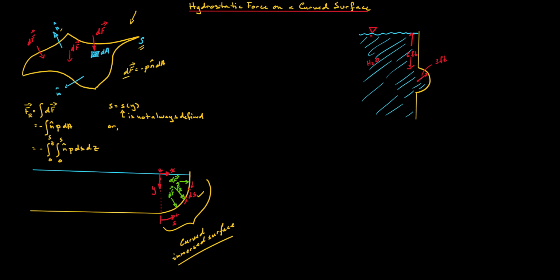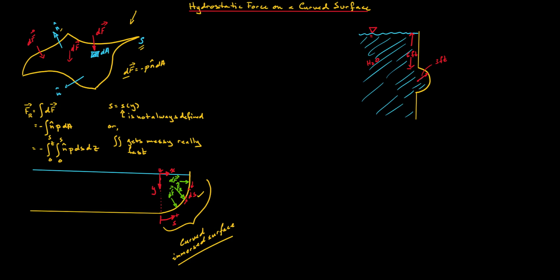Or the double integral, maybe we'll just write, gets messy really fast. So it gets messy really fast for non-straightforward functional definitions of your curved surface S.